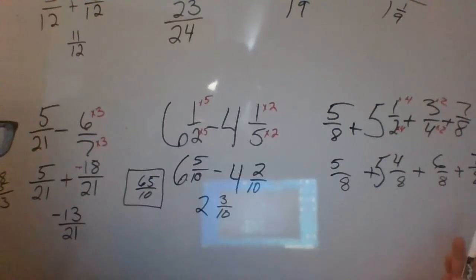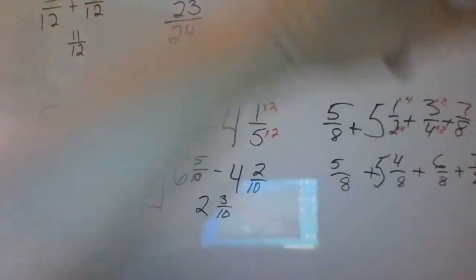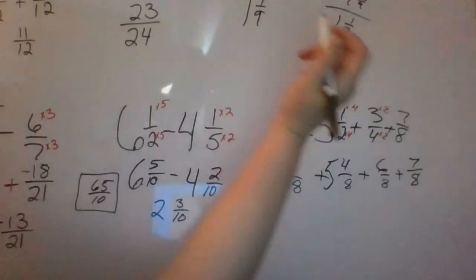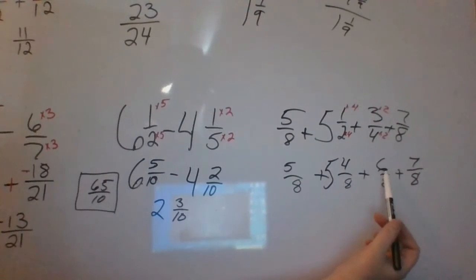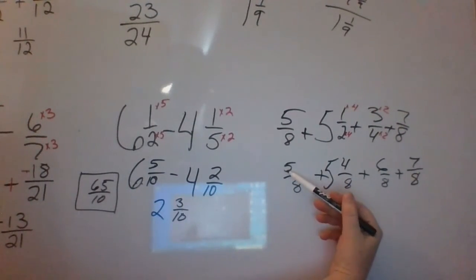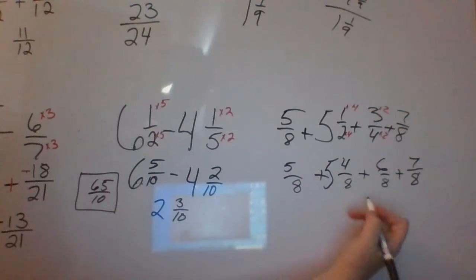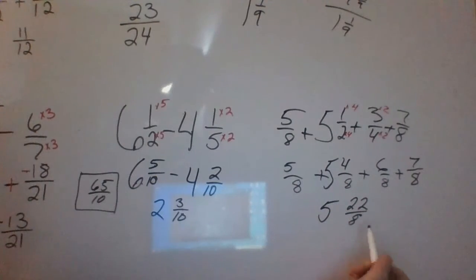Now we have a bunch of fractions that are all broken into 8ths. So we can add these up: 6 plus 7 is 13, plus 5 would be 18, plus 4 would be 22 eighths. We still have that 5. This is an improper fraction, so we need to think about how many times 8 goes into 22, which would be 2 times, so our whole number is going to bump up by 2.